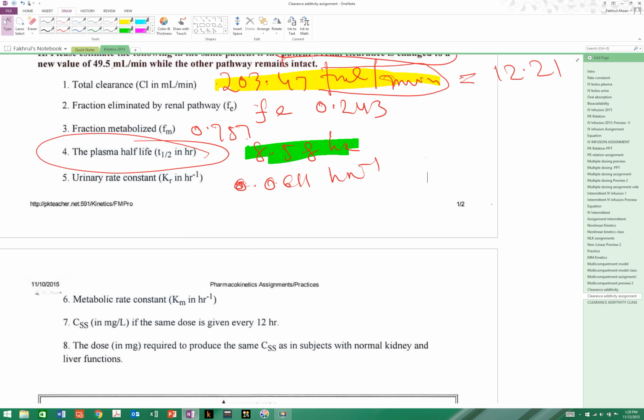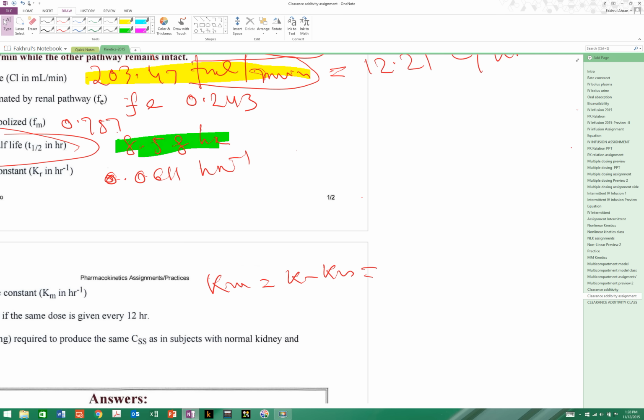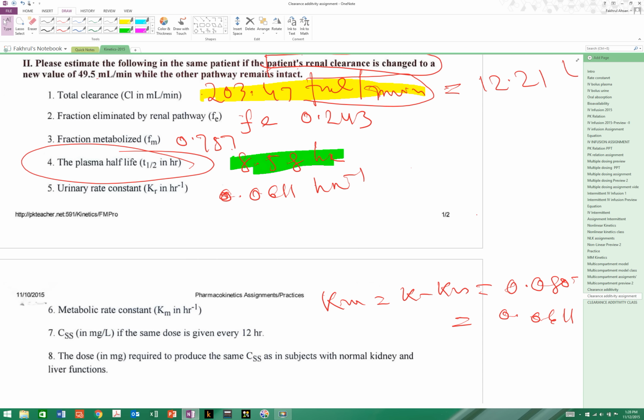If you know the total K, Km is equal to K minus Kr, so 0.0807 minus 0.0196 is equal to 0.0611 per hour. So this is your Km.